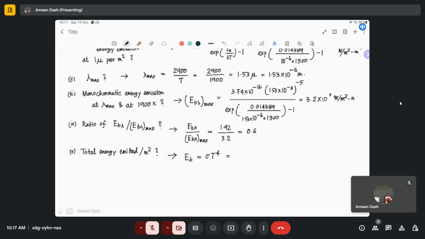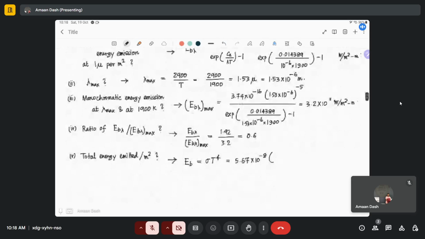So this is equal to 5.67 times 10 to the power of minus 8, and T is 1900 Kelvin, so we have 1900 to the power of 4. If you do that, you will get 0.74 times 10 to the power of 6 watt per meter square.